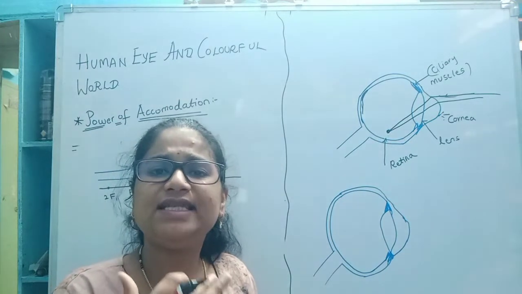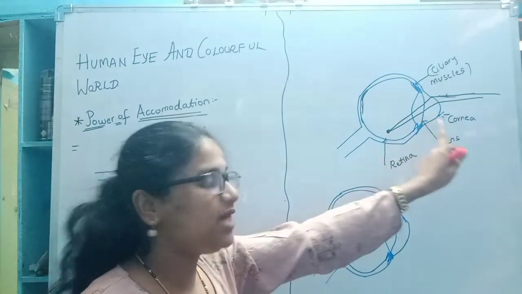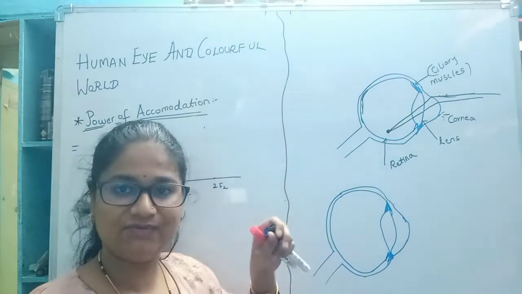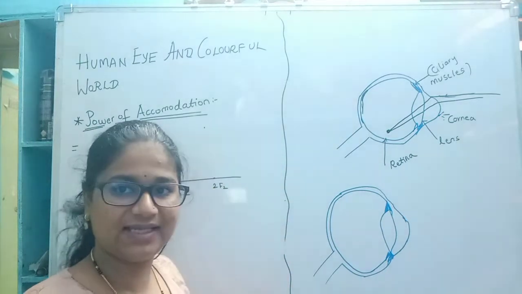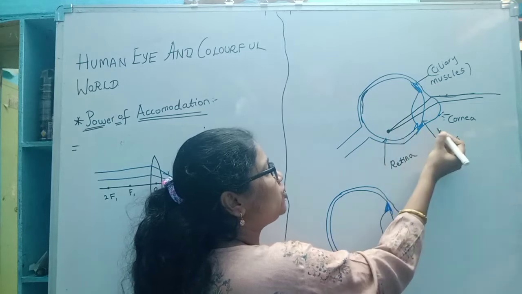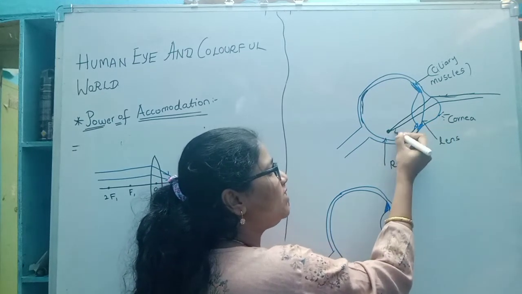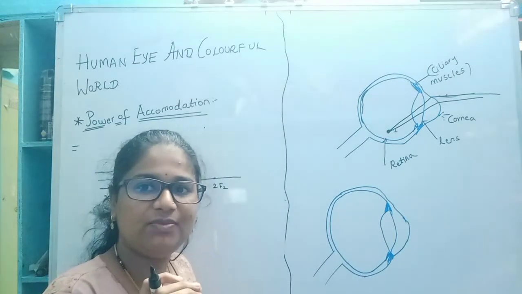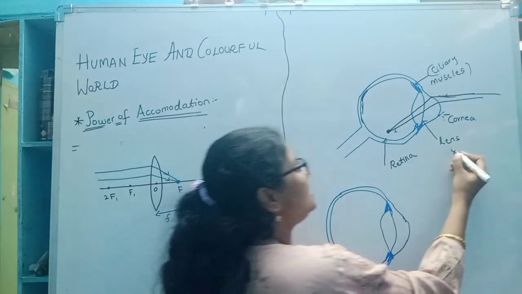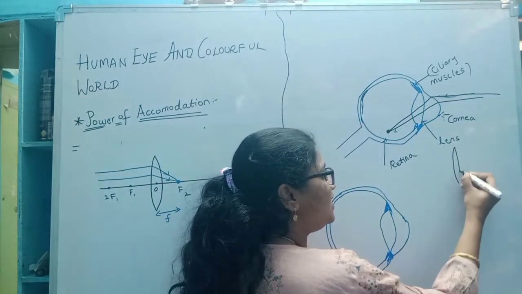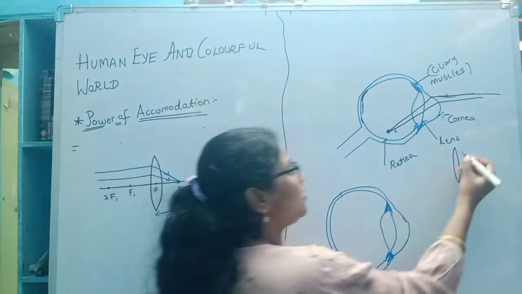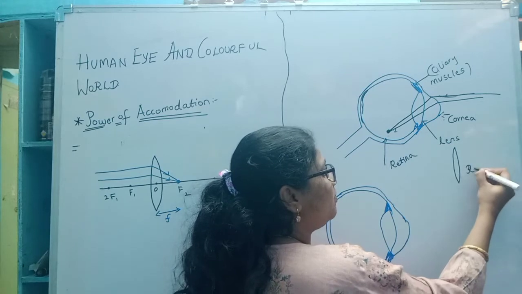So what do these ciliary muscles do? When an object is at a far distance, the ciliary muscles relax. When the ciliary muscles relax, the lens becomes thinner. When the lens becomes thinner, the curvature, or radius of curvature, becomes less.